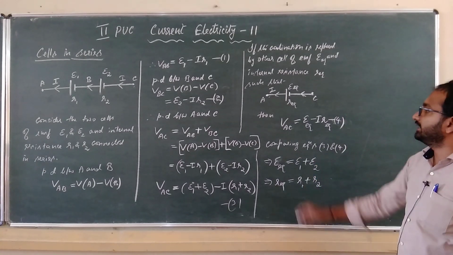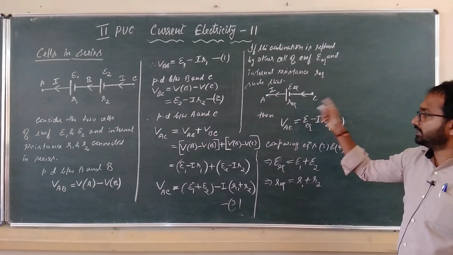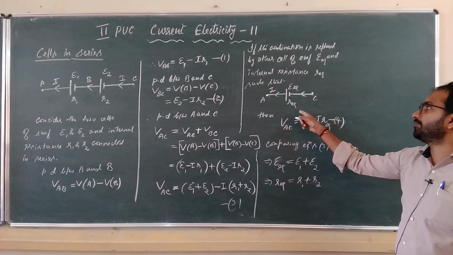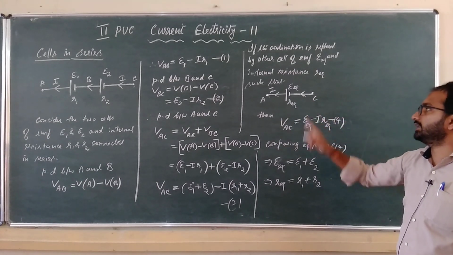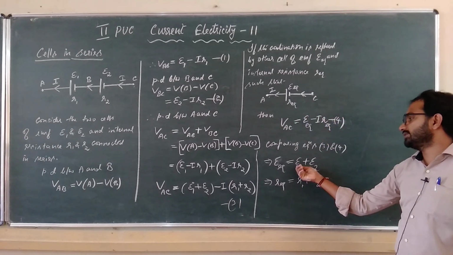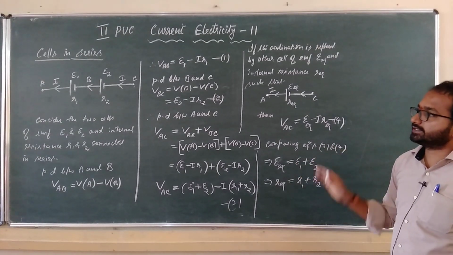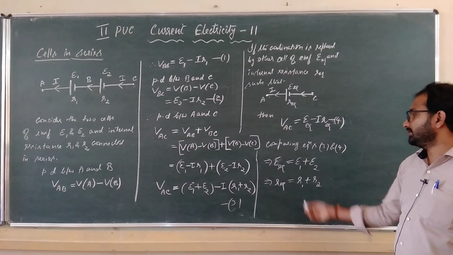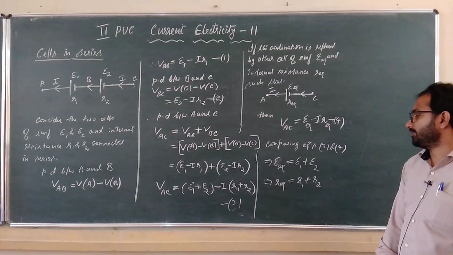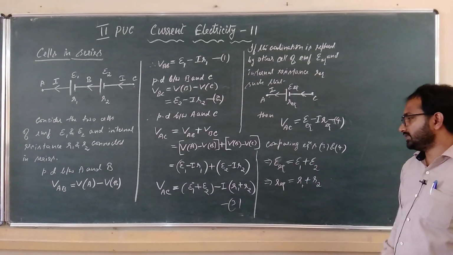It says that the equivalent EMF of the single equivalent cell should be equal to the sum of the individual EMFs, the EMFs of the individual cells.